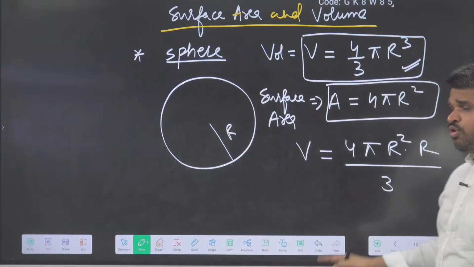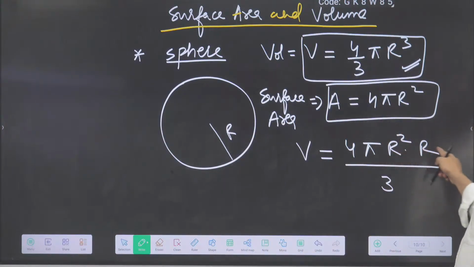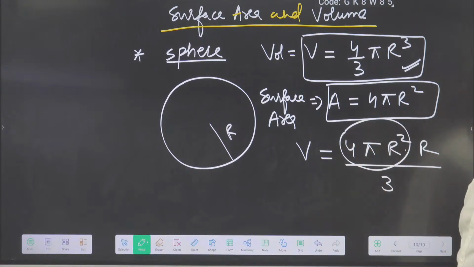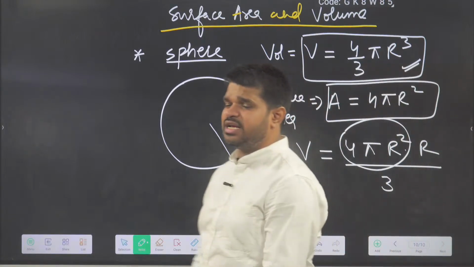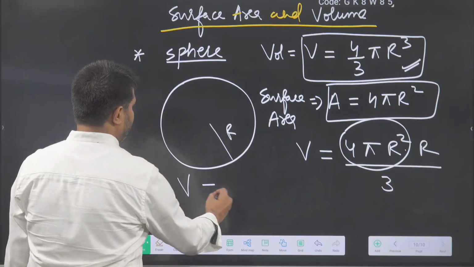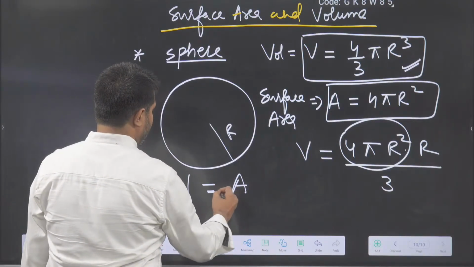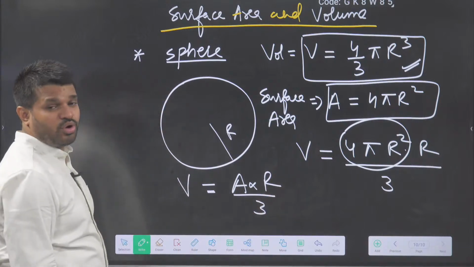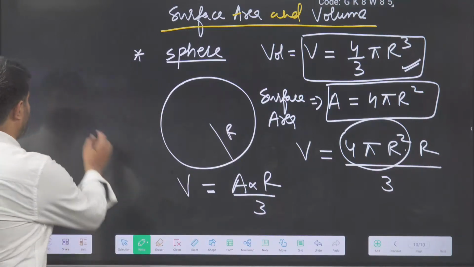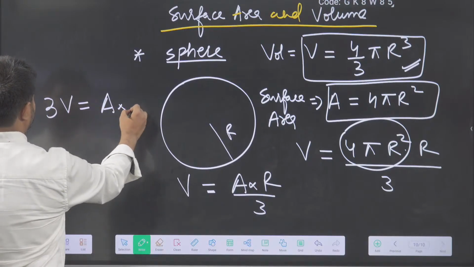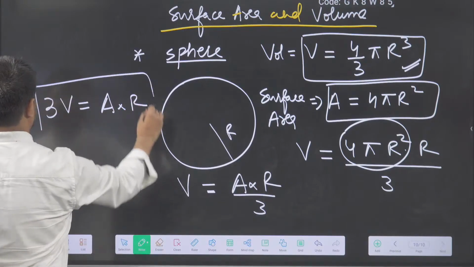What is this encircled quantity? This is surface area. So volume can be written as surface area A into R divided by 3. Or you can take 3 here, so 3 into volume equals surface area into R. Write it.